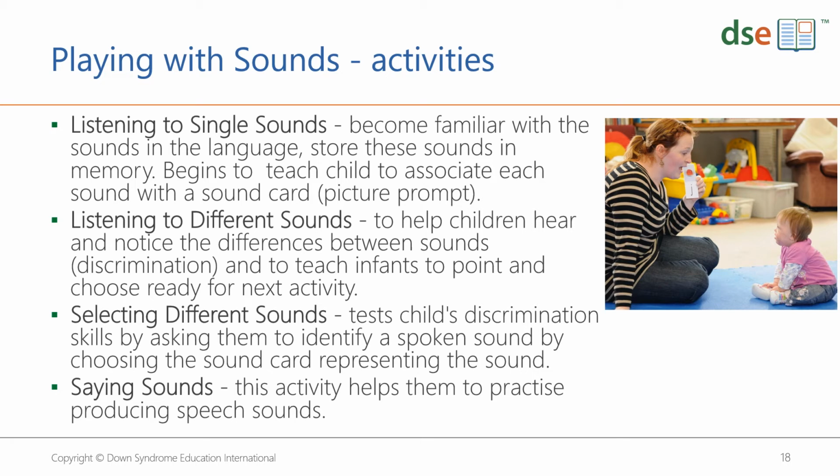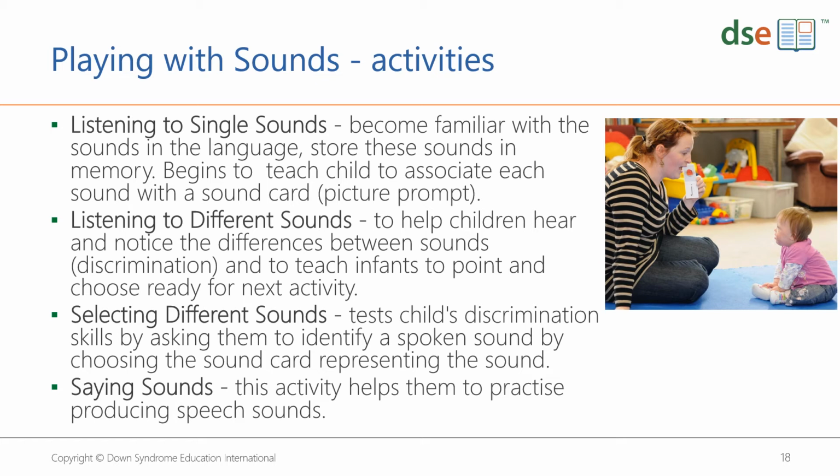Can you show me s? So now the child can point to the correct card illustrating t or illustrating s from a choice. And you will find the children can do that. They can hear the sounds and hear the differences between the sounds before they can actually make the sounds. So by teaching them to link them with a picture card, we can test their listening and discrimination and learning before they can make the spoken sounds.